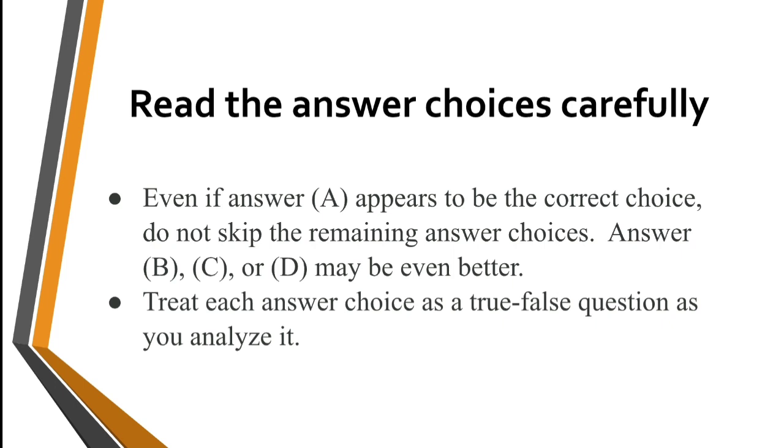And then you want to also try to treat each answer choice as a true or false question as you analyze it. So in some cases, you may read the question and then you look at the first response and you say to yourself, oh, this is correct. This is the closest thing to what the question is asking for. However, ignoring options B, C, or D, one may have a response that is even more appropriate for the type of question asked.